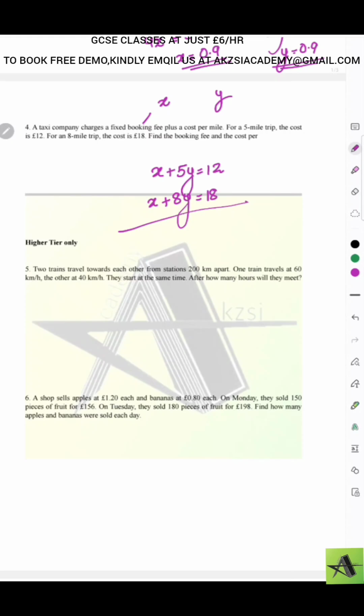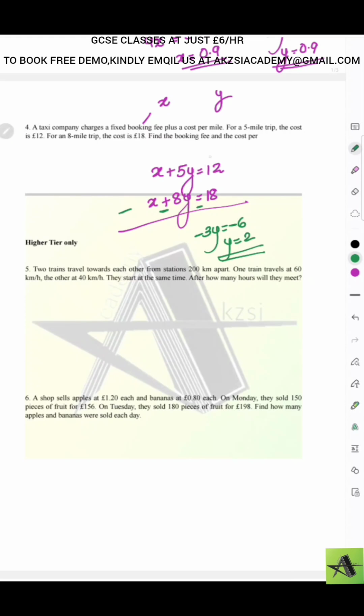Here we don't have to make anything the same, x is already the same, just subtract. That will give me minus 3y equals minus 6. So y equals 2. So that means the cost per mile is £2.